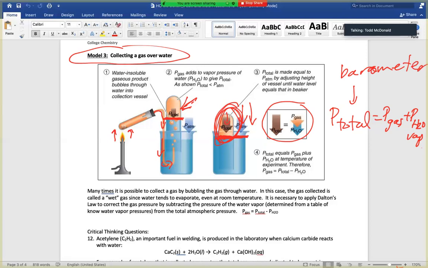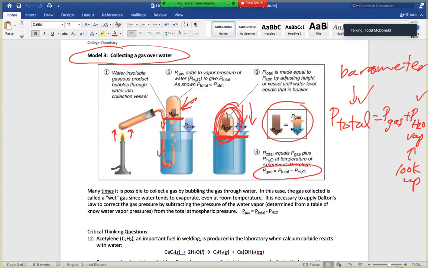And then what we do is we look up the pressure of water vapor for a particular temperature. We're going to look it up on a chart, or it has to be given to you. That is something that we know, at different temperatures there are different water vapor pressures that we can use from a chart. And so if we know the total pressure and we know the water vapor pressure, we're just going to rearrange this equation.